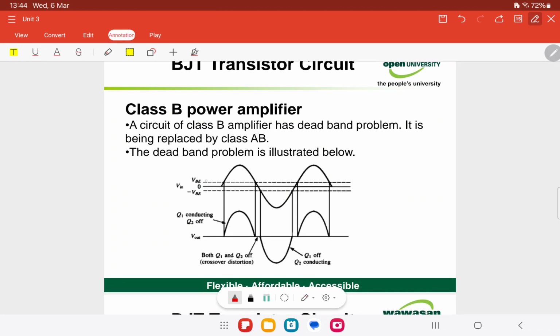Remember the value for VBE? It is 0.7 volt. So we have this region where both Q1 and Q2 are off, which we call the crossover distortion.